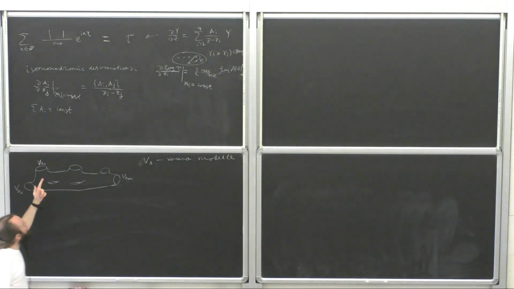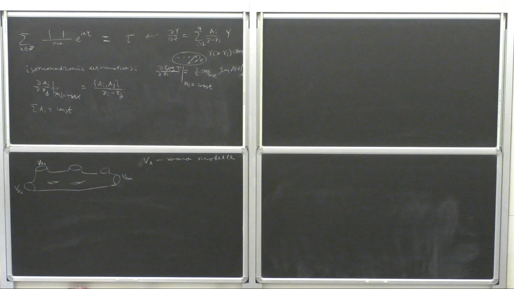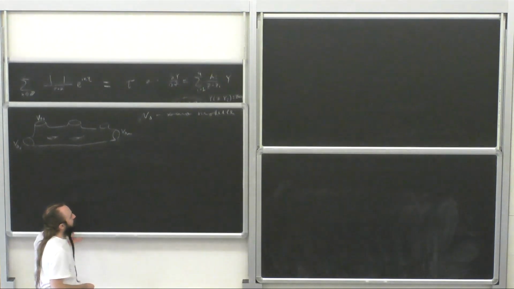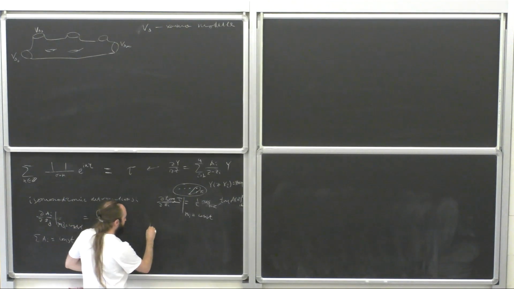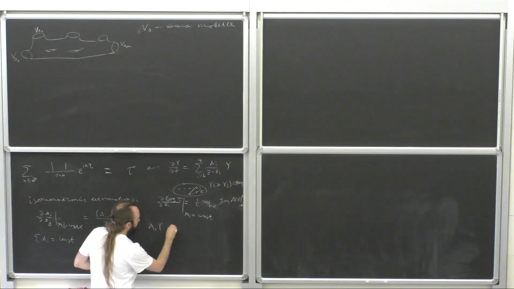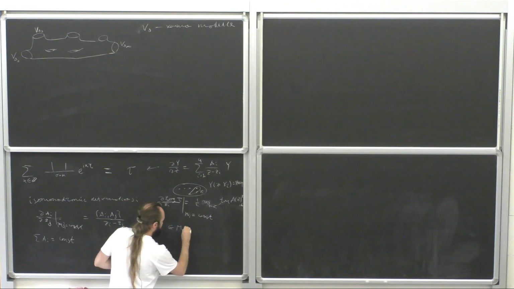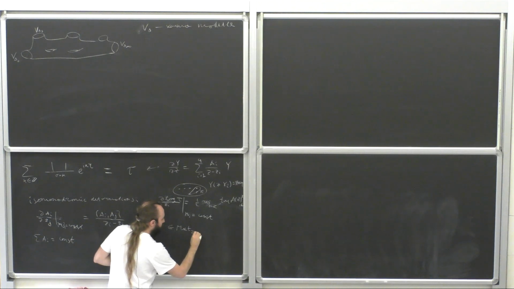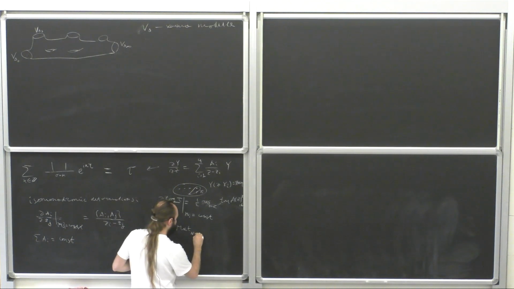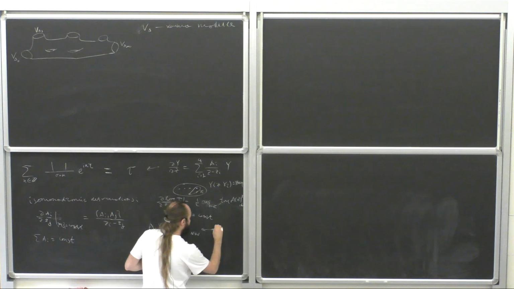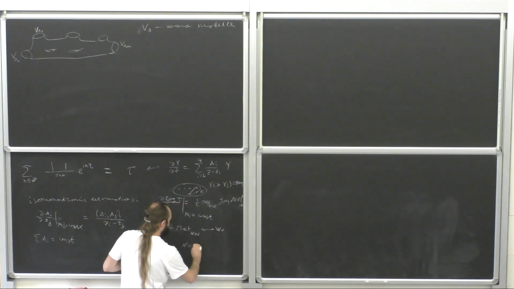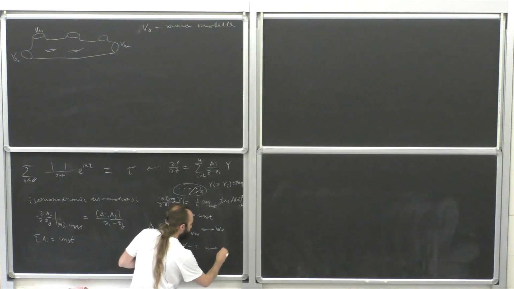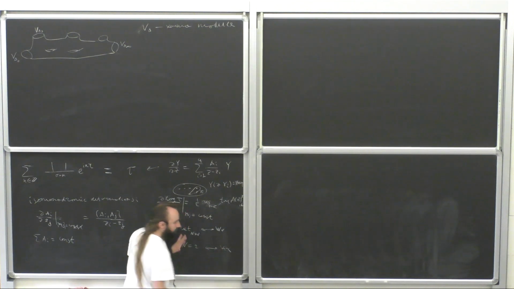Sorry, I didn't say: in general, this works for arbitrary rank, and the correspondence is the following: if the A_i and this Y are 2 by 2 matrices, it corresponds to Virasoro, and if they are n by n, it corresponds to W_n.